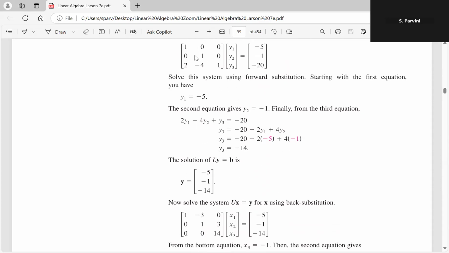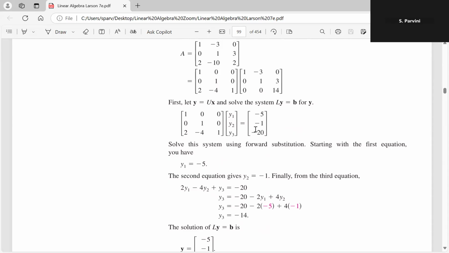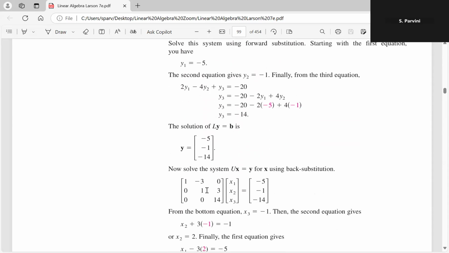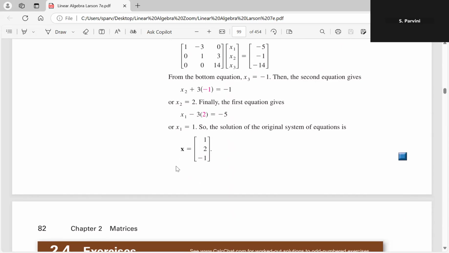So the lower times y equals the constants, the upper times x equals the y's. You solve for x, and this is the solution to the system. Okay, now let's see how we're going to do this.